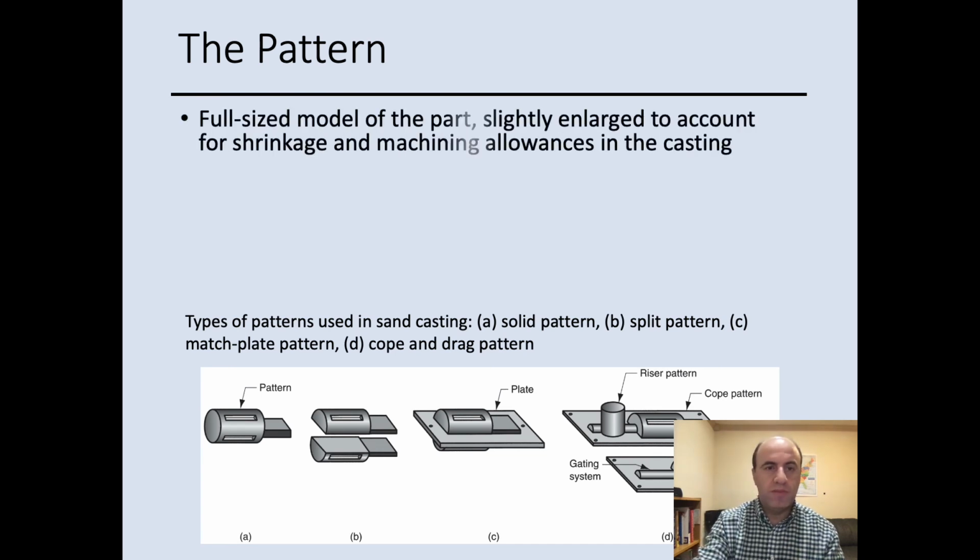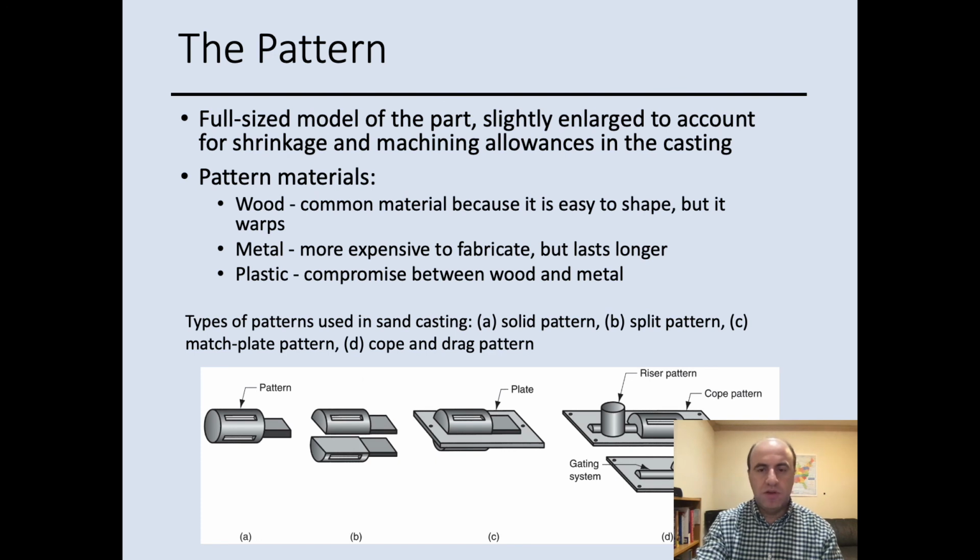Here are some points about the pattern. The patterns are parts that we need for making the cavity inside the mold, and they are a little oversized for the shrinkage and machining allowance purposes.